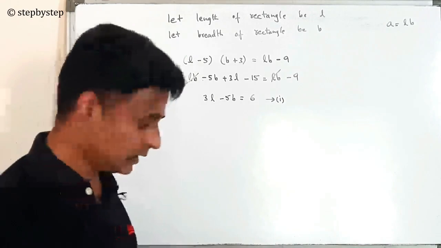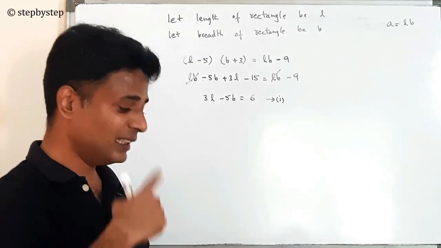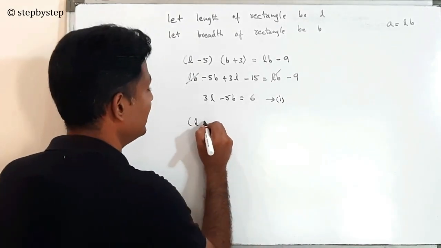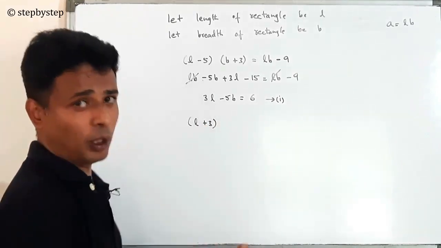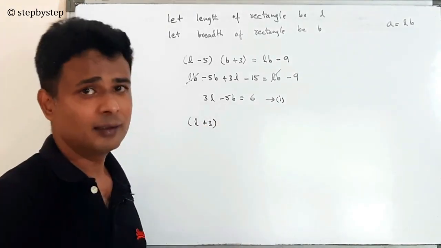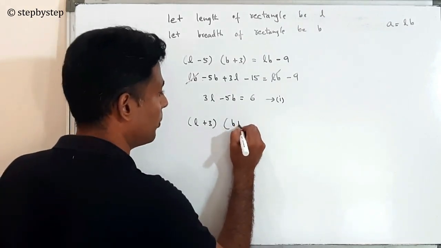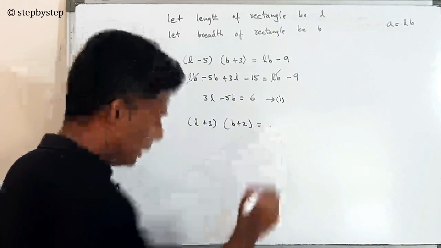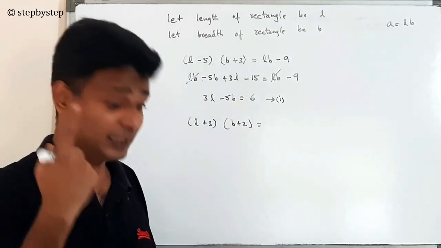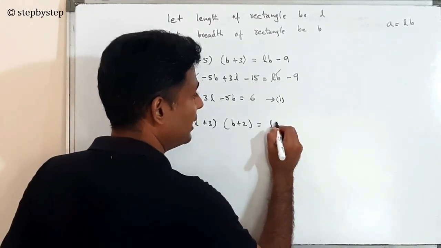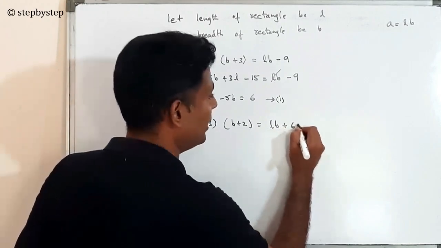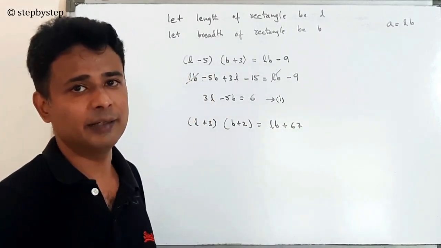Now what is the second condition they have given? If we increase the length by 3 units, what is the new length? L plus 3. And breadth by 2 units, so you are increasing breadth also by 2 units. The area is increased by 67 square units. What was the original area? LB. The new area will be LB plus 67.